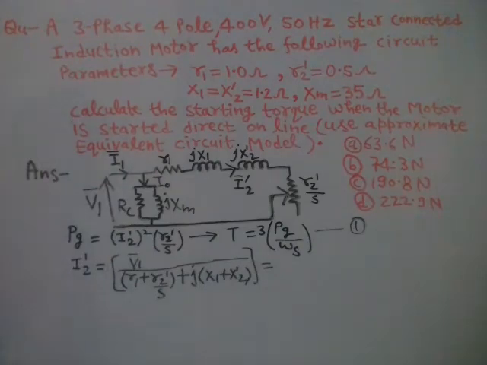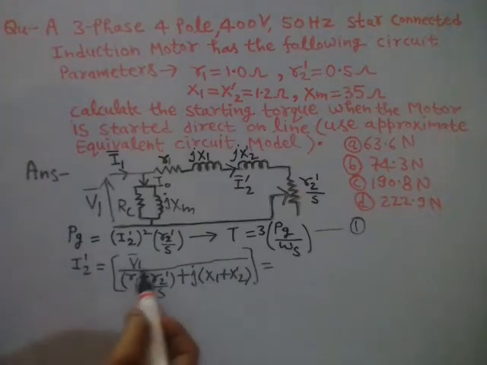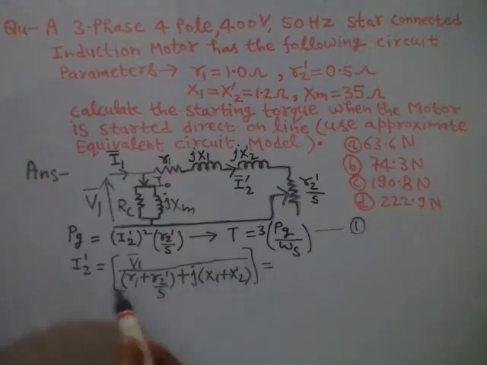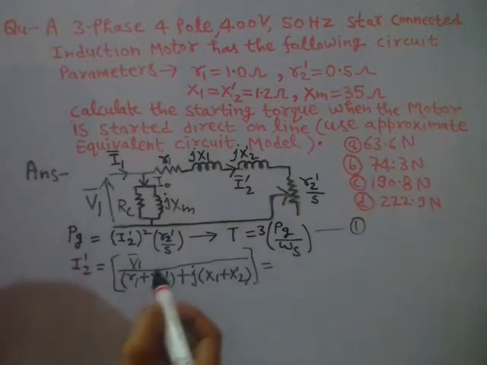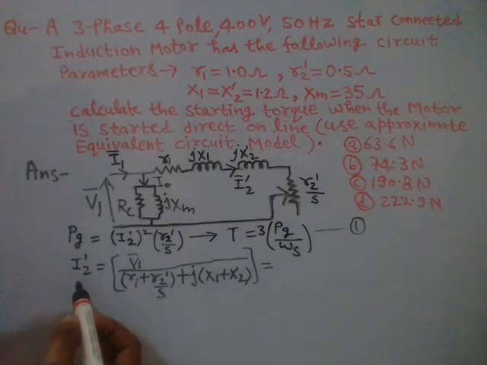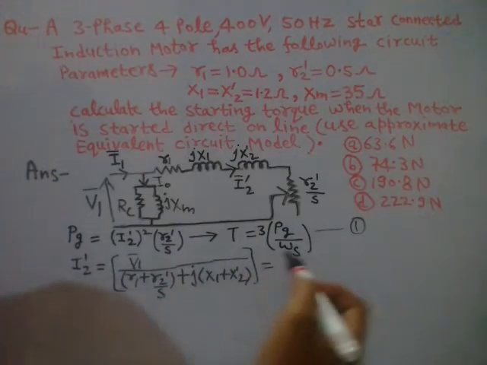So first of all, calculate the current per phase. For that we will have to take the applied voltage per phase and all the ohmic values per phase. So that will give you the per phase value of the current.